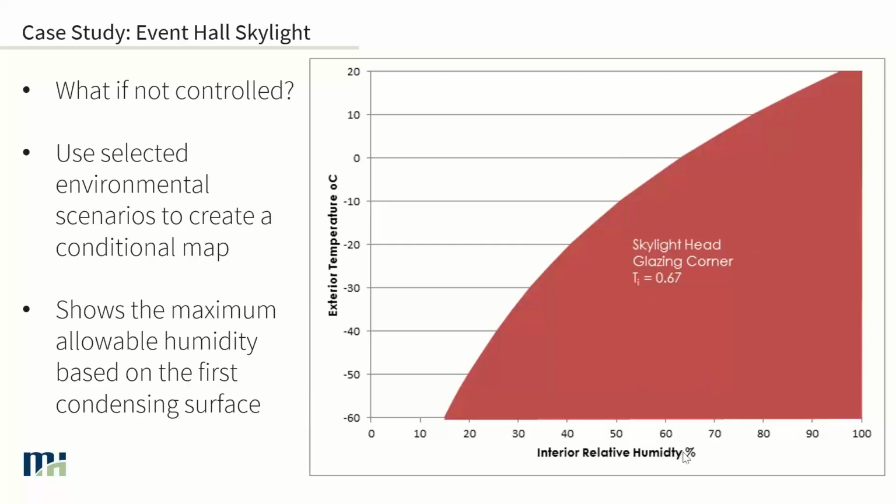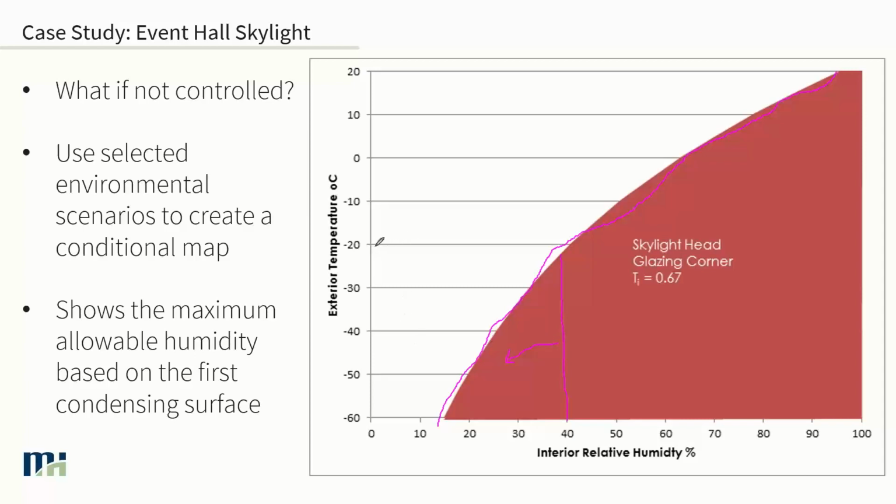So in this case, we have the corner of our skylight, and we can highlight under what conditions interior condensation has the potential to form at that corner, right? So we can identify all of those targets, and essentially anything below this line can potentially be at risk. So if we have 40% relative humidity, then anything somewhere around negative 24 and lower in temperature has a risk of condensation.